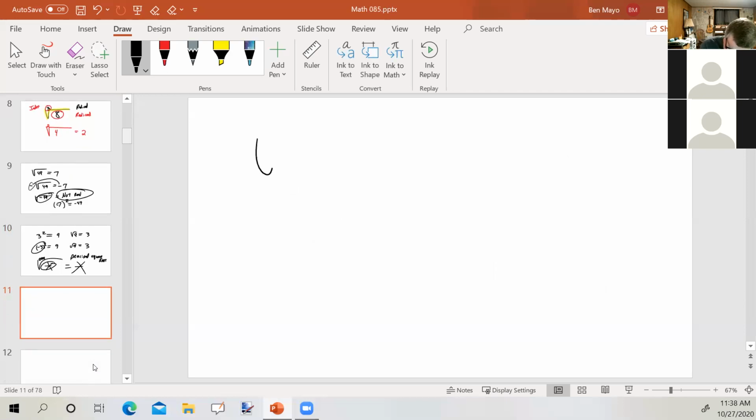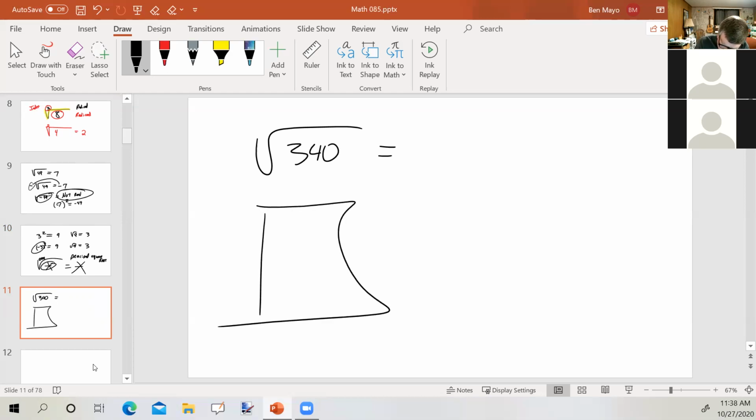Calculator time. We want to find the square root of 340. Now, if you have the TI-30, the X, Roman numeral 2S kind of thing that was in the syllabus, on your calculator over here on the left column, there is a square root symbol, and I believe it is a second function of x squared.